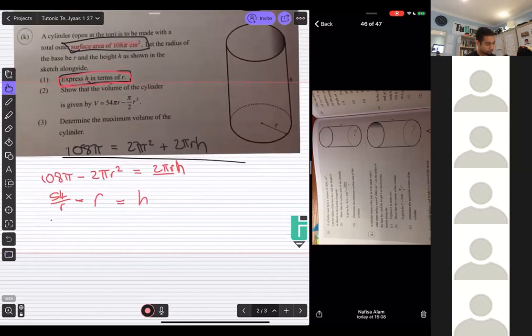I have a question. Yes, Nafisa. For where we took the 2 pi r squared to the left hand side, couldn't we leave it on the right hand side and then take out 2 pi r as a common factor? Yes. There are lots of ways that you can do it. It's just whatever way works for you, as long as it's correct.